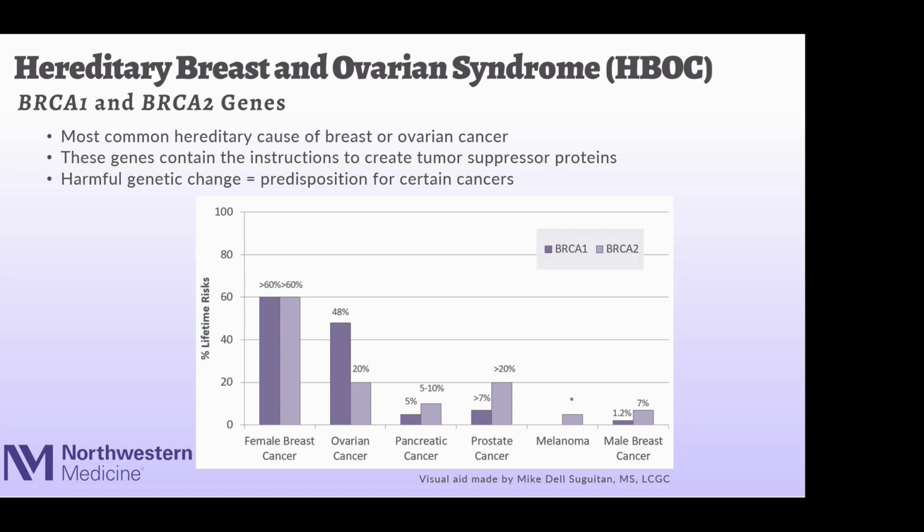Alternatively, there are also risk-reducing options like prophylactic surgeries by removing the breast tissue or the ovaries to also reduce the risks of developing those cancers.